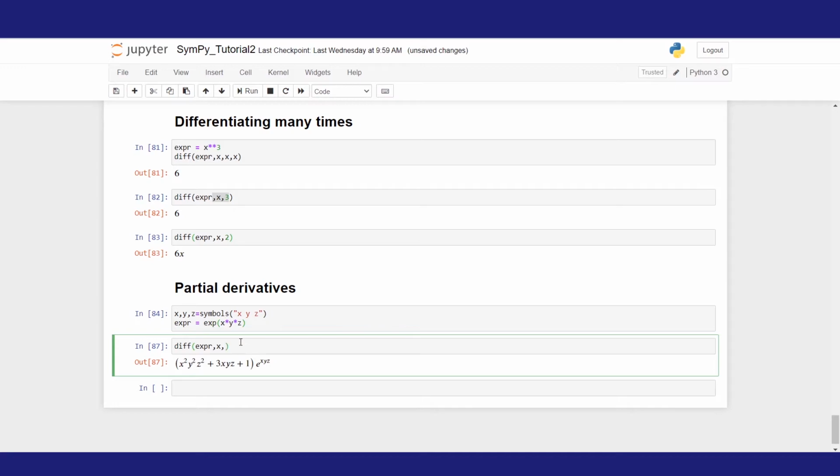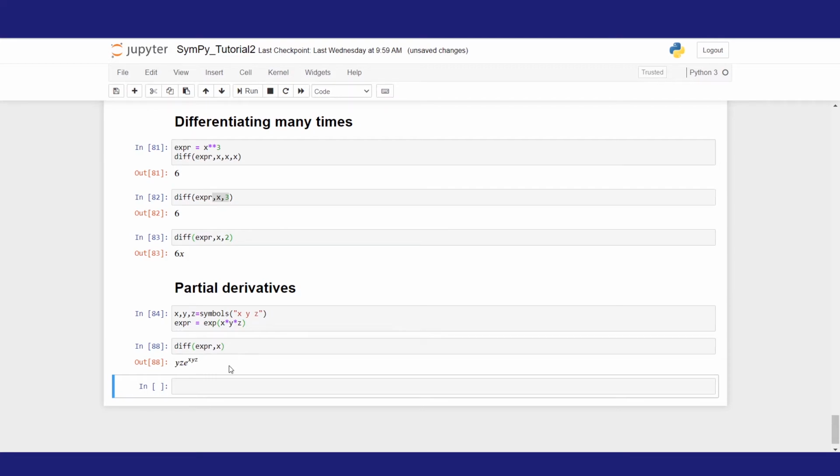If I wanted only with x, then that's what I would do, because what is up here is x, y, z. If you differentiate with respect to x, this exponential function x, y, z comes down. After differentiating, what remains, since it is a product, is y, z, multiplied by the exponential of x, y, z.